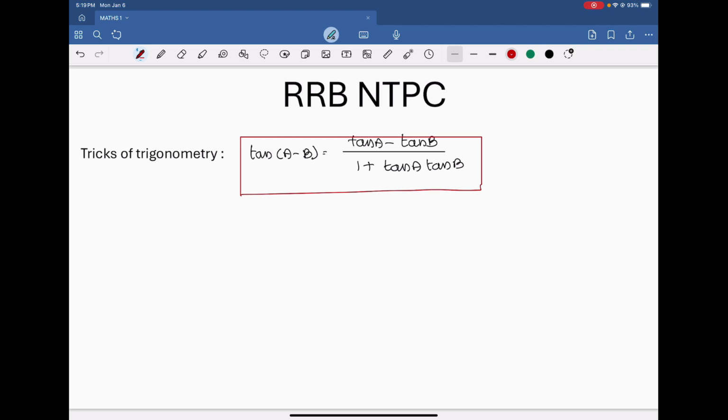When there is a negative sign in the tan compound angle, there is a negative sign in the numerator and a positive sign in the denominator. You see here, tan A plus or minus B is equal to tan A plus or minus tan B divided by 1 minus or plus tan A tan B.